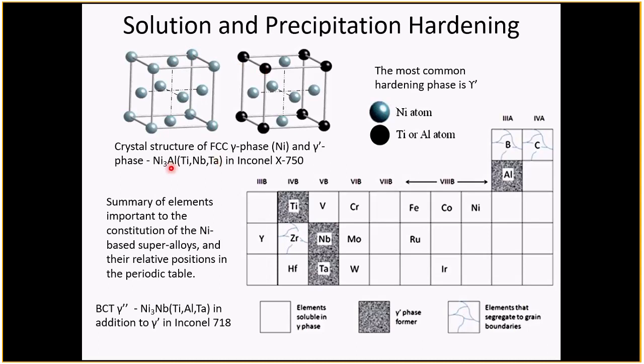And typically this is aluminum, but it can be titanium, niobium, or tantalum. These are interchangeable. But you'll probably hear about nickel 3 aluminum if you're dealing with any superalloy applications.